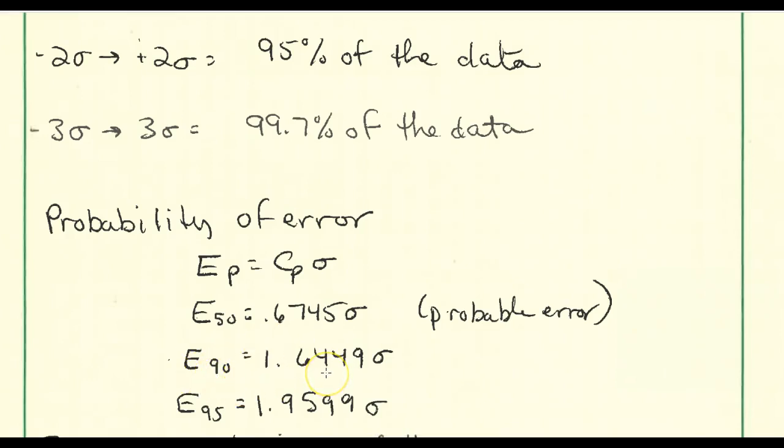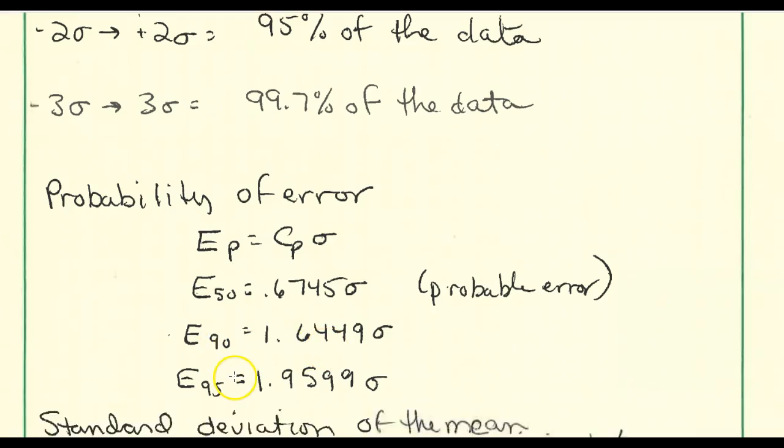E90 means that you're 90% confident that your data is correct, and E95 means that you're 95% convinced that your value is correct. And E95 is used a lot in the social sciences.